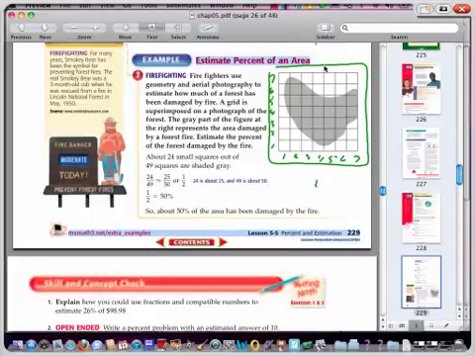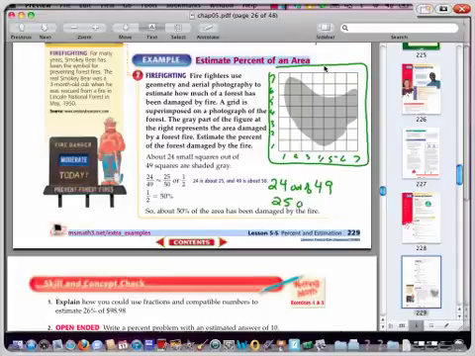So we've got a total of 49 squares. And if you counted all those, just trust me, they counted them for you. 24 of those squares were burned. So 24 out of 49. Yeah, there's probably better numbers. I mean, these are both close to 5s and 10s.